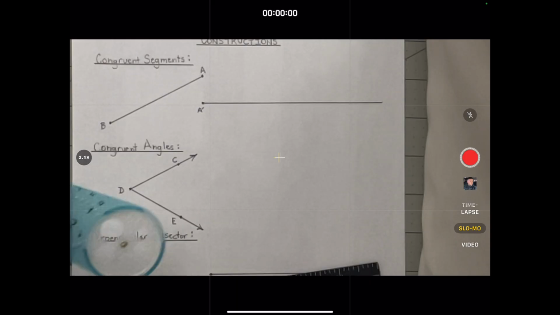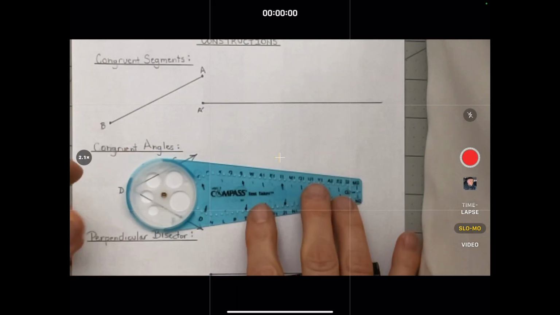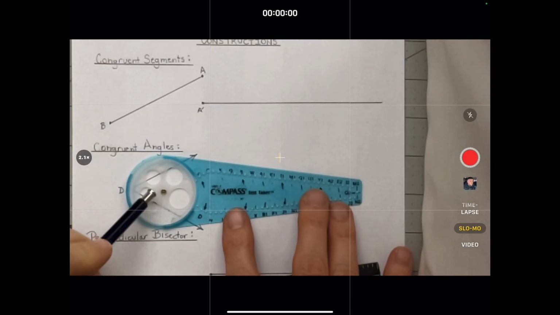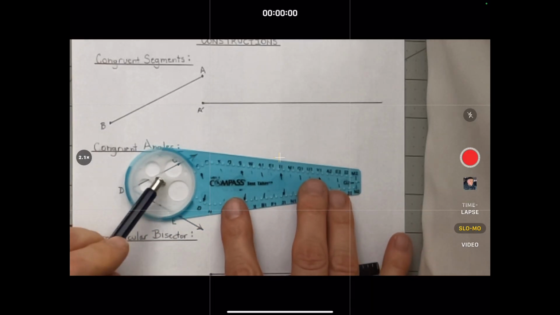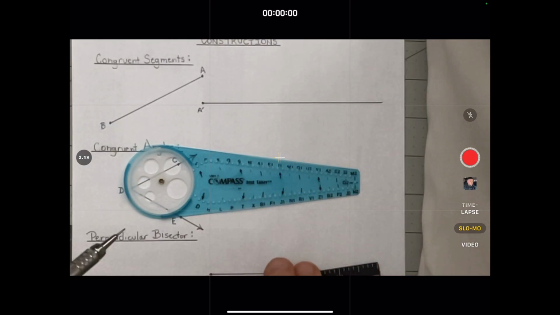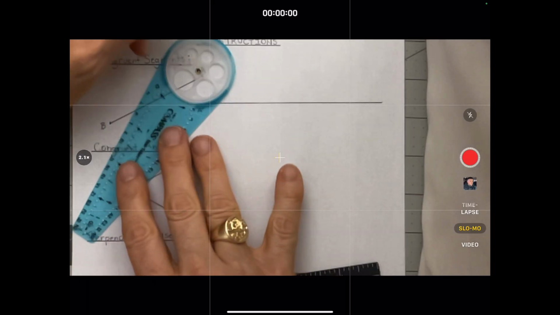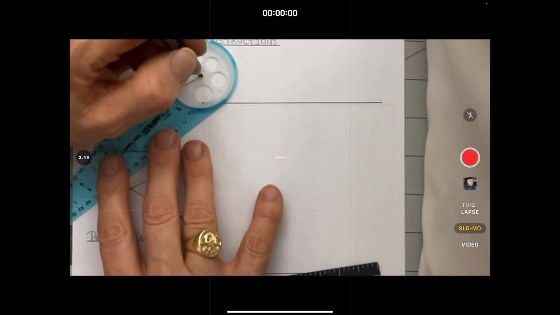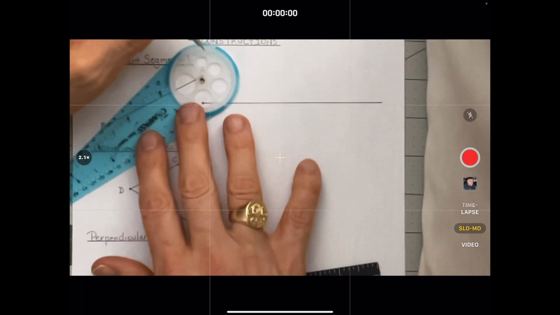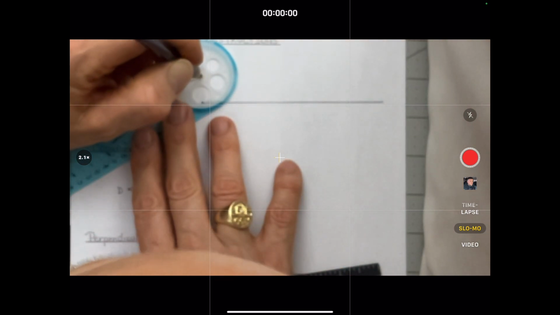My next task is to take my compass. If you look at the compass, you'll notice that this piece right here is called our pivot point. So we're going to anchor our pivot point on point A. Make sure that it is right there.